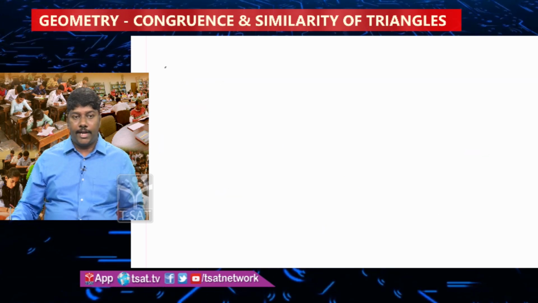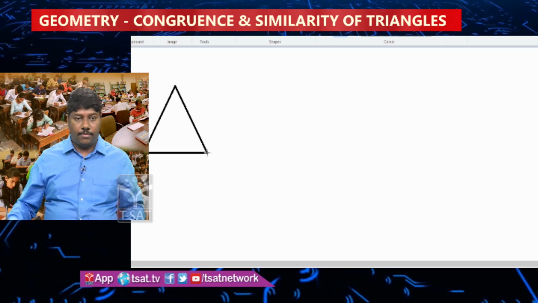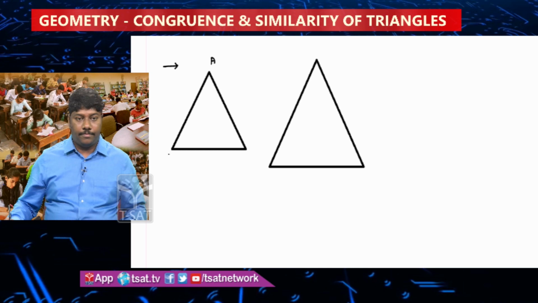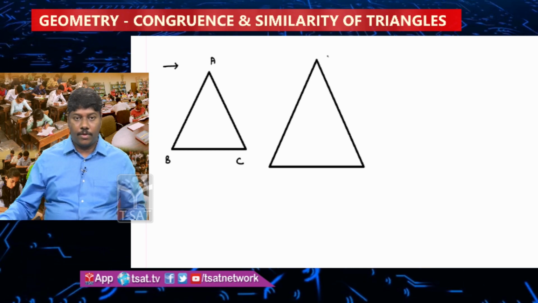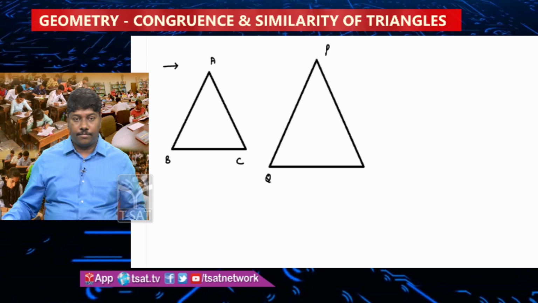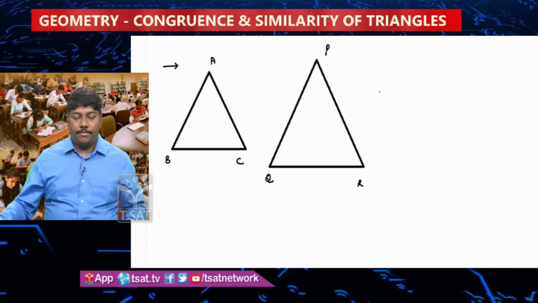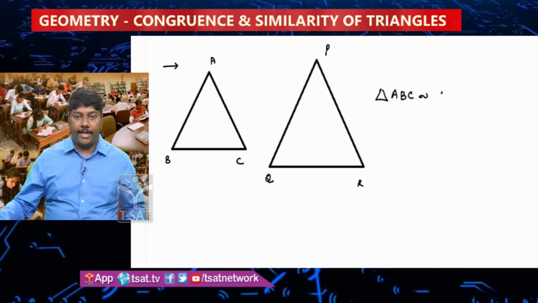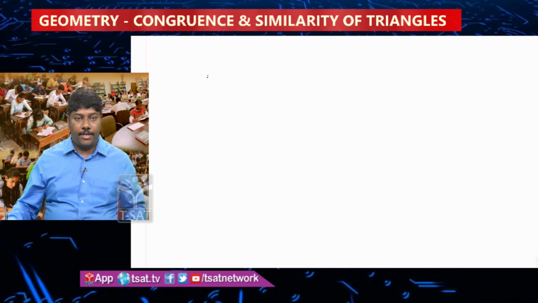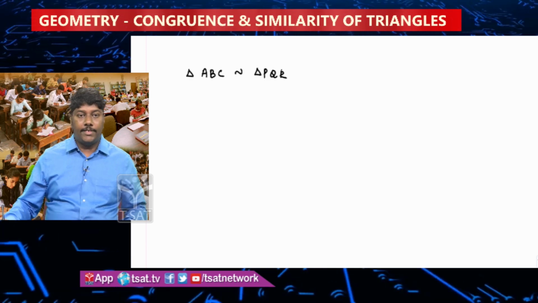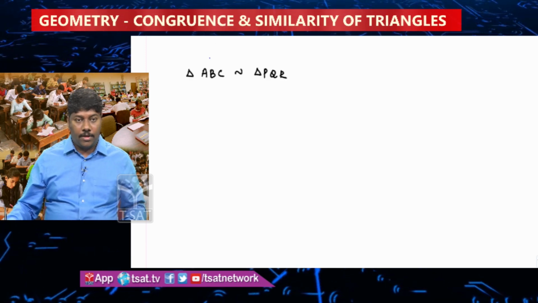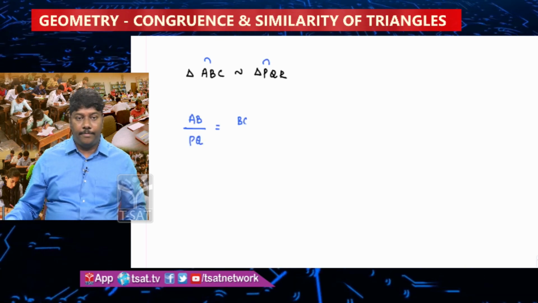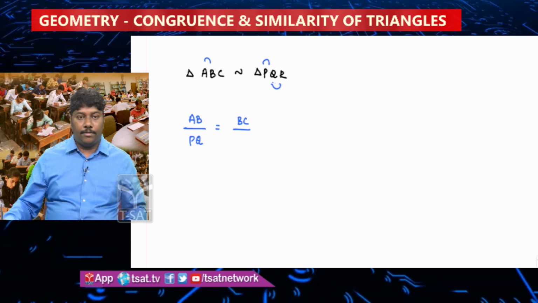What happens when two triangles are similar to each other? Just taking two similar triangles, ABC and PQR, and I am saying triangle ABC is similar to triangle PQR. If triangle ABC is similar to PQR, we can say AB by PQ is equal to BC by QR.